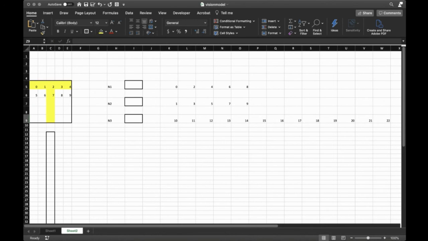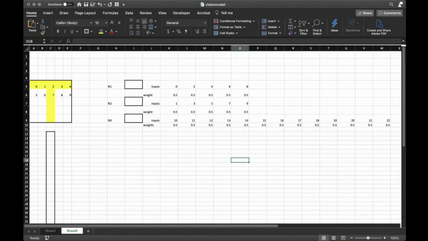All I need to do, if these are inputs, is add weights. And then I'm going to just call all the weights initially 0.5.